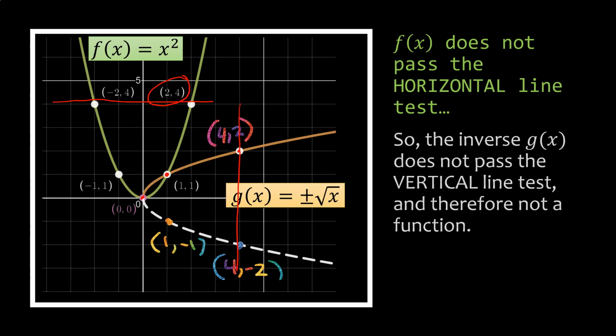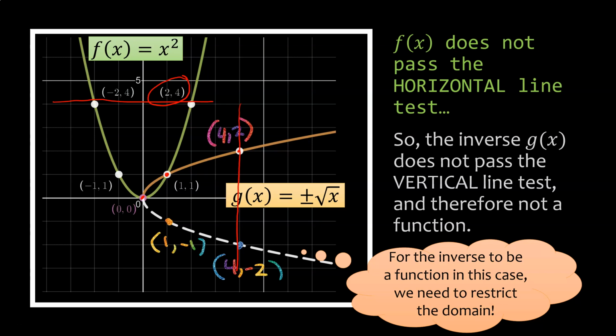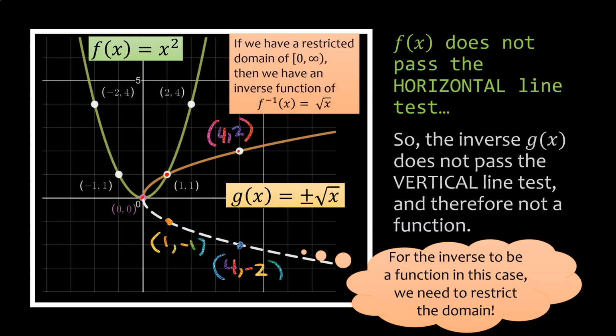Do you have a need to make the inverse a function? If you do want the inverse to be a function, then you would have to restrict the domain of the original function. What does that mean, to restrict the domain? If we want the inverse to be just one part and not two halves, then we would have to restrict the domain of f of x to just be from 0 to infinity.